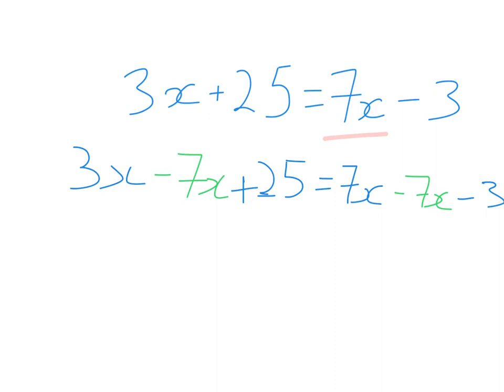What we should find is on the right hand side, 7x take away 7x cancels out to 0. So we're just left with minus 3 on the right hand side. On the left hand side, 3x minus 7x simplifies to minus 4x, because 3 minus 7 is minus 4. And 25 will stay the same.